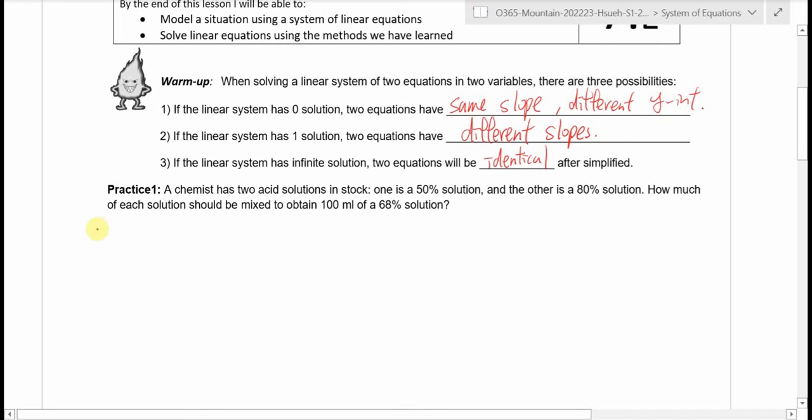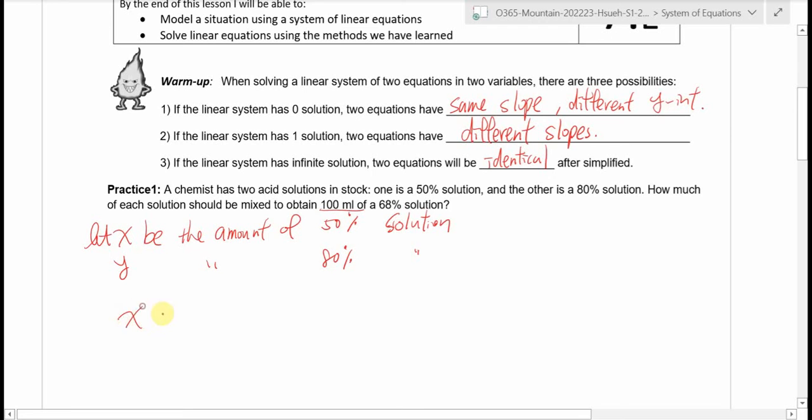So let x be the amount of 50% solution and y be the amount of 80% solution. Now we are going to mix them together. How much of each solution should be mixed to obtain 100 milliliters of 68% solution?